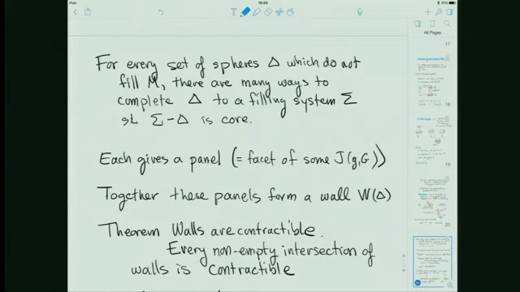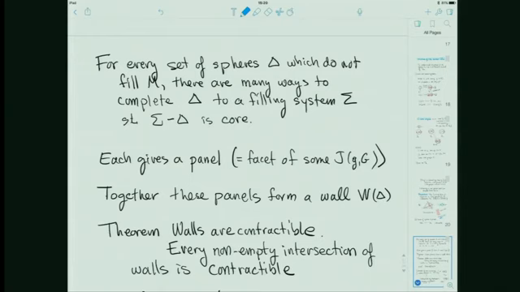So let me see how to say this. I want to show you what the boundary is made of. So if you think about it, you take a maximal simplex, and I look at all that corresponds to a graph or a sphere system, and I look at the core graphs. I've shaved off all of the core graphs, and I've got a panel.